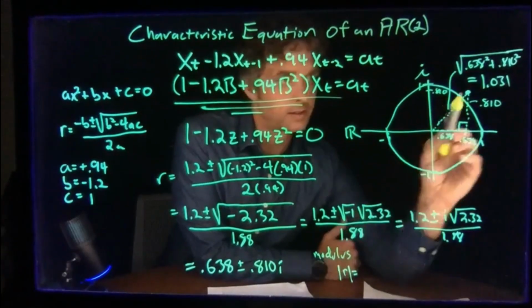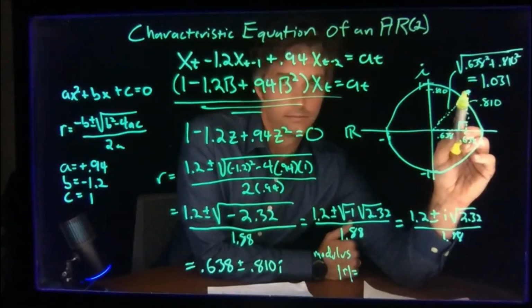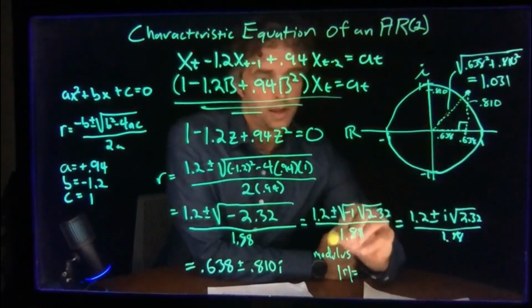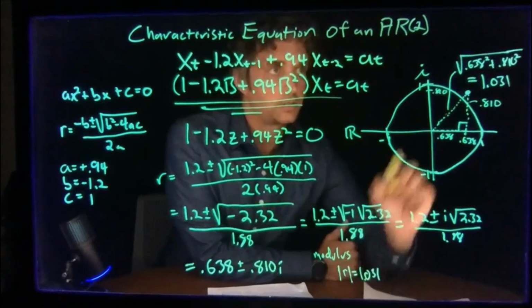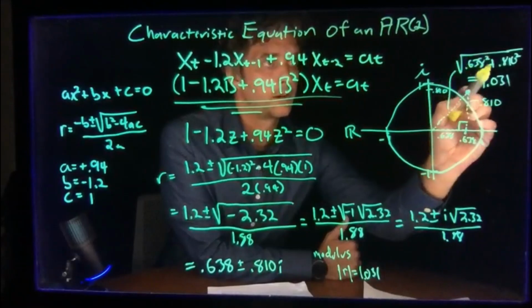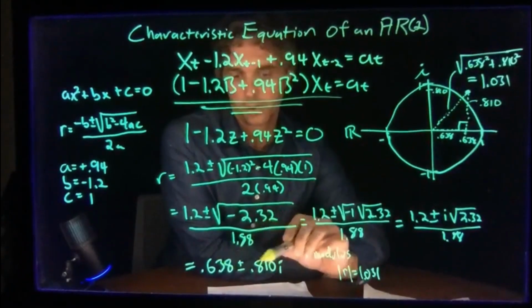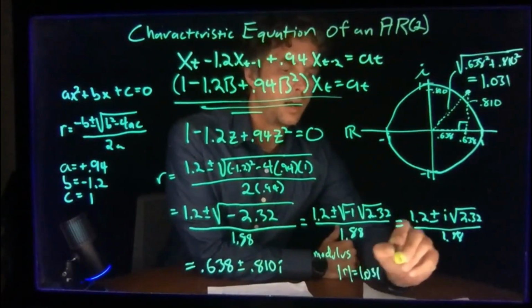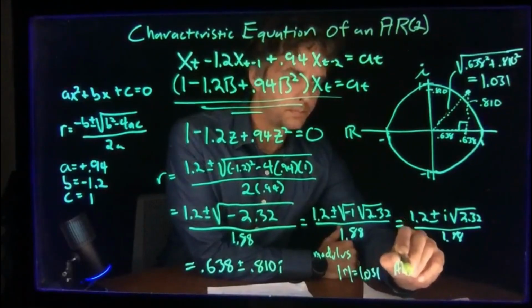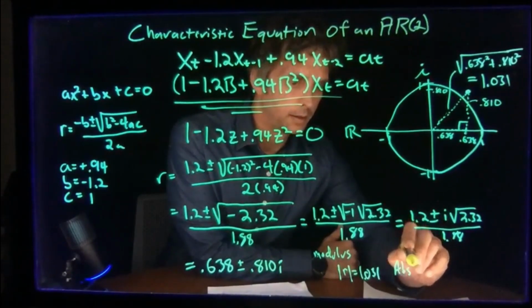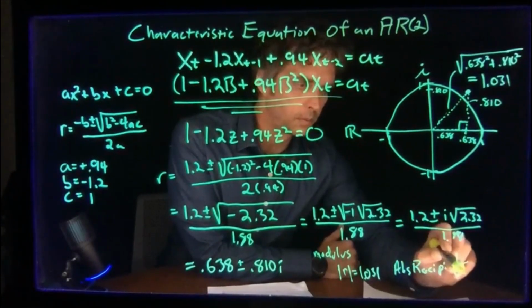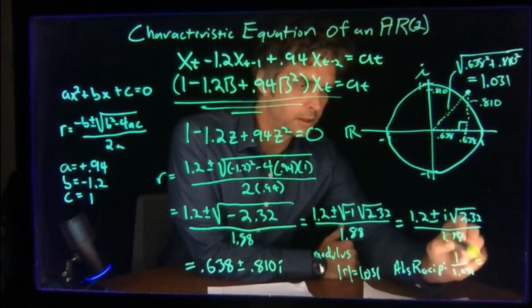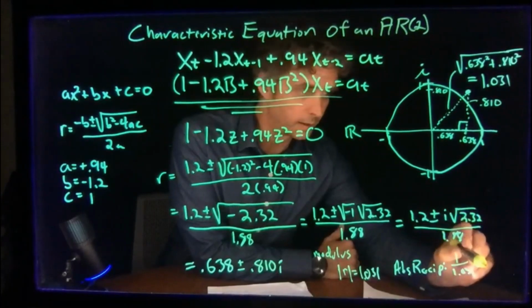And it just represents the distance that point is away from 0. And so the modulus, we just said, is 1.031. The modulus equals the square root of one leg squared plus the other leg squared, or the real part squared plus the imaginary part squared. The absolute reciprocal is 1 over 1.031, which equals approximately 0.9605.